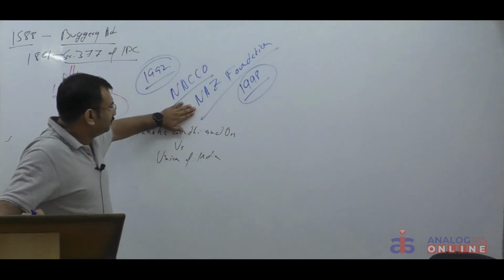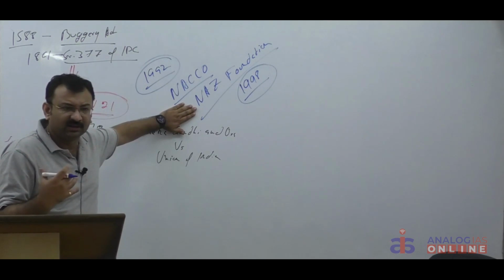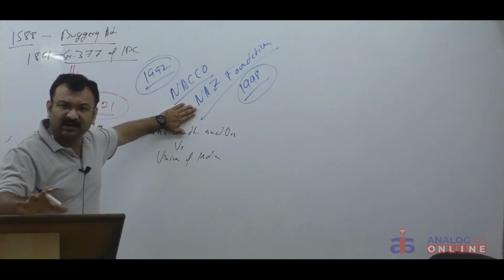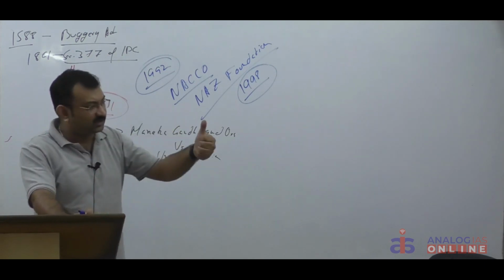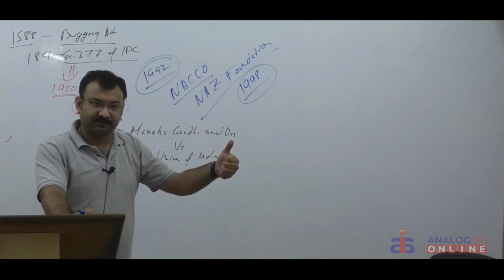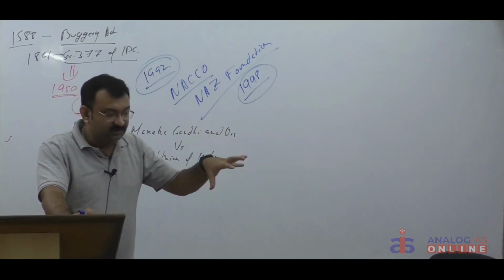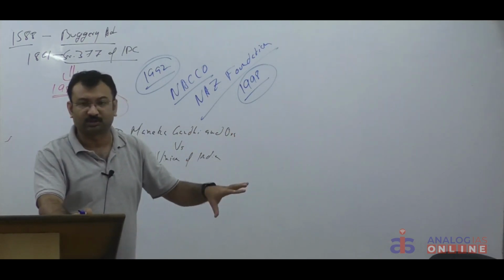NAZ Foundation, they thought, is there any drawback that we are doing? They went for a survey. The survey told us that no, they did everything. These sex workers were properly sanitized and they were sensitized. They were told that please do not go for any kind of sexual relationship without protection.